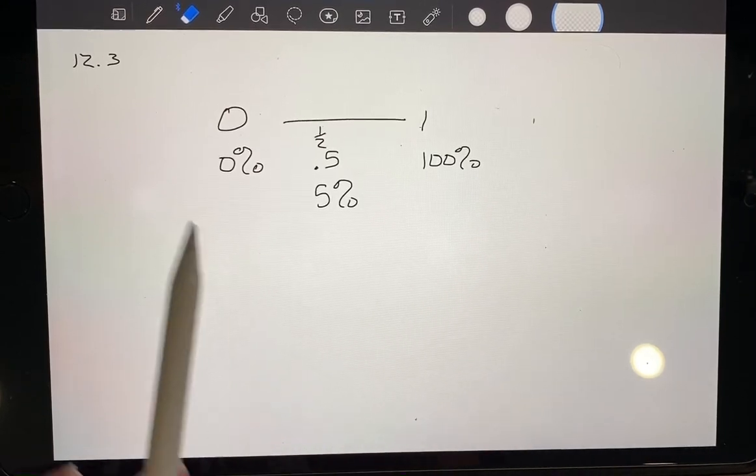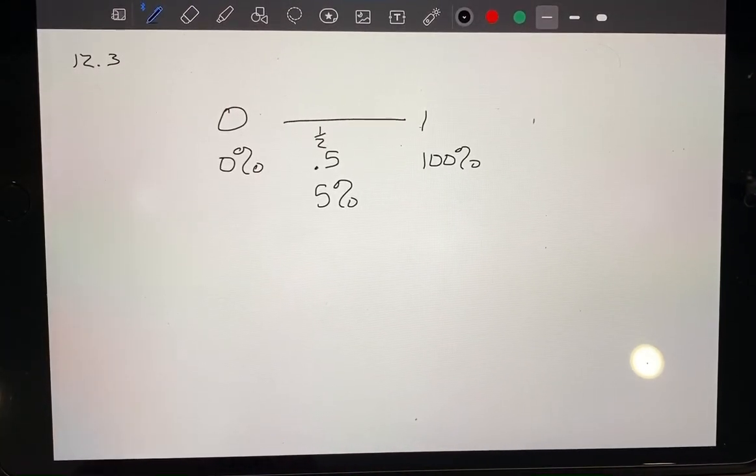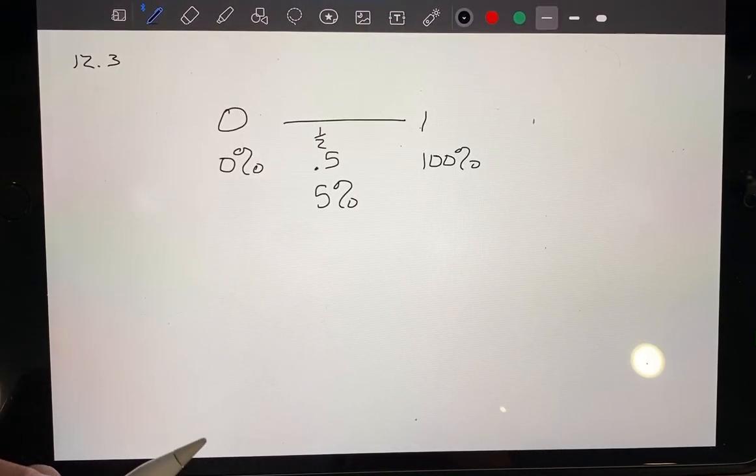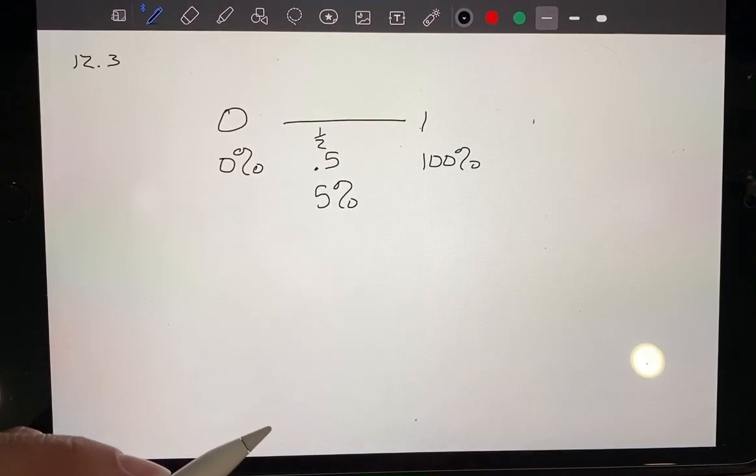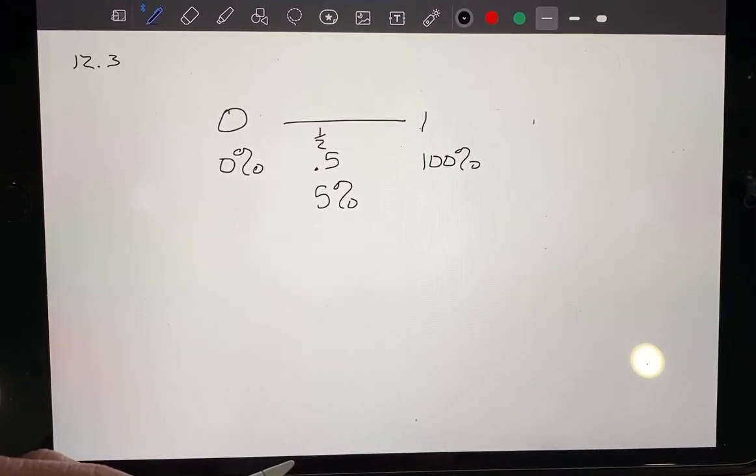Now, when we are dealing with theoretical probability, there are things that we will look towards in 12.4 and 12.5, that as we begin doing more than one probability at a time, we will have ors or ands. For 12.3, we are looking at single events.